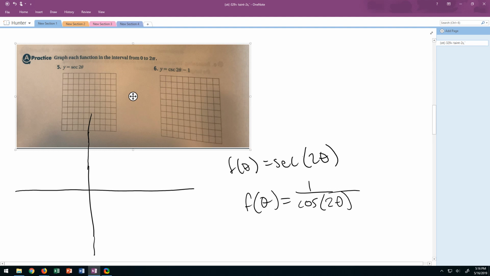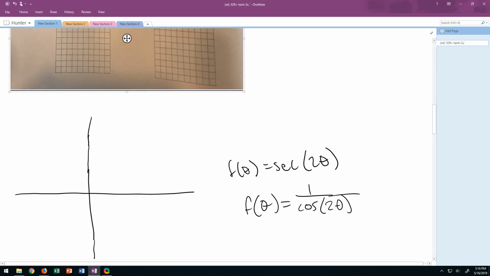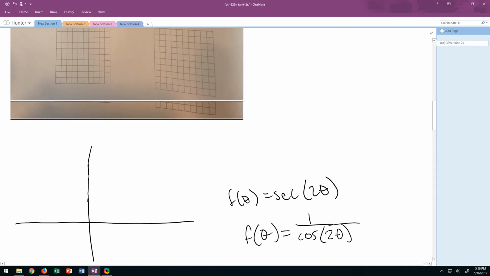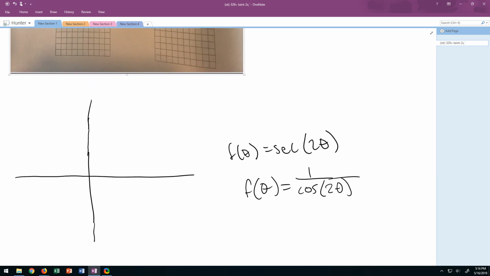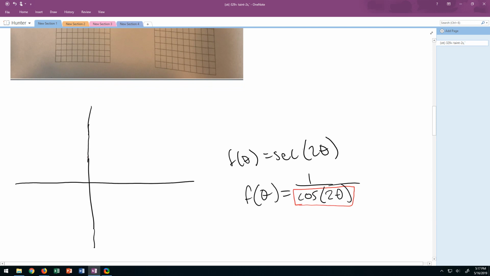Now, this is going to be interesting, what I do up here. So let me graph 1, 2, what is the interval I have to graph it on? 0 to 2 pi. All right, so I have to graph it on 0 to 2 pi. Right now, what I'm going to graph in red is just the cosine function, cosine 2 theta from 0 to 2 pi. So it starts up here, because I don't have any vertical shift, don't have any horizontal shift.